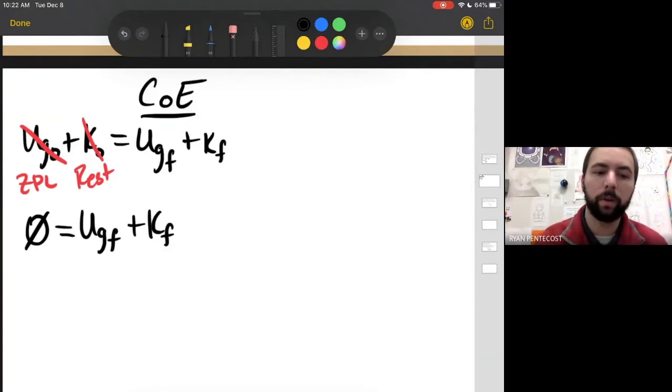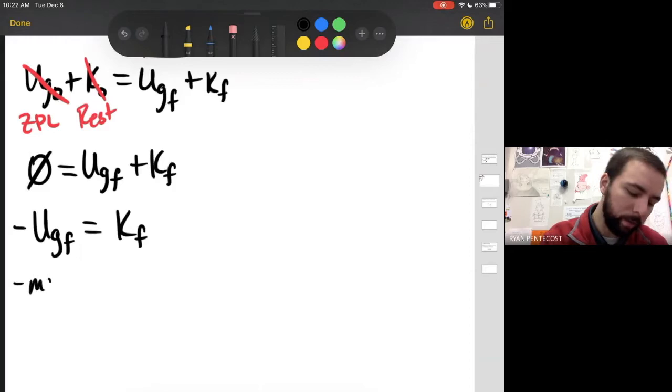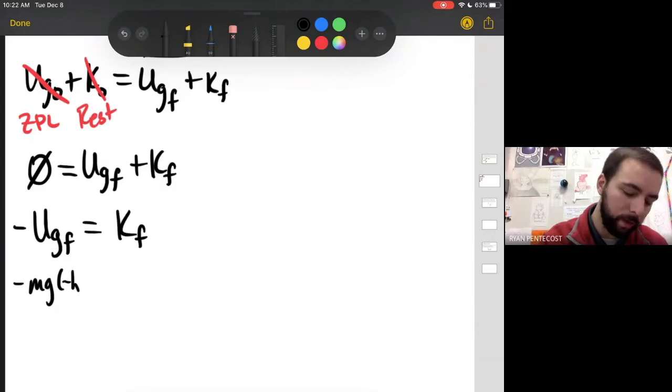This is one of those things where I'll do something mathematically that doesn't help us solve the problem, but just highlights a point. So if we subtract, our UGF equals KF, okay, but that's negative mg, and our ZPL was at the top, which means all our height is going to be measured negatively, right? Negative h equals KF.